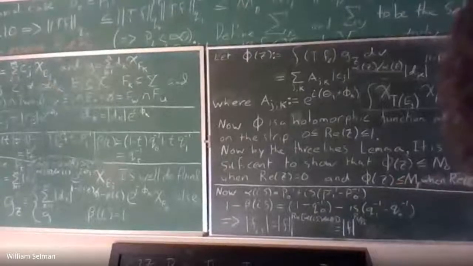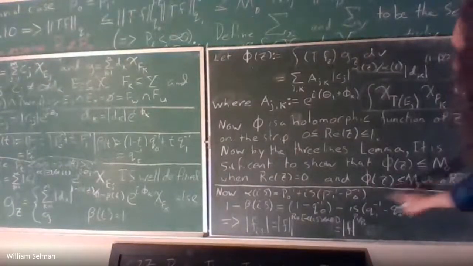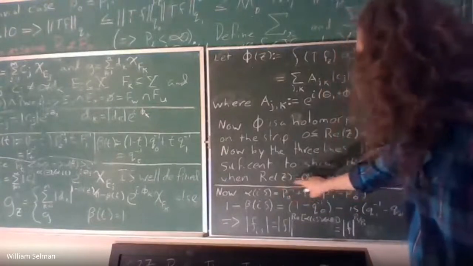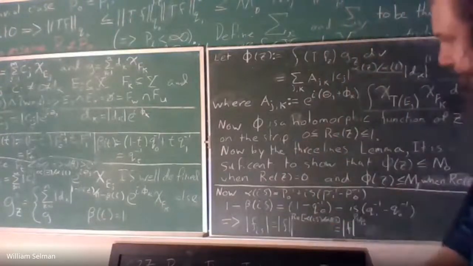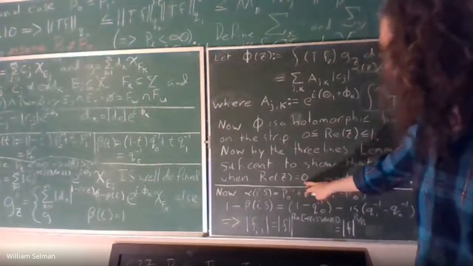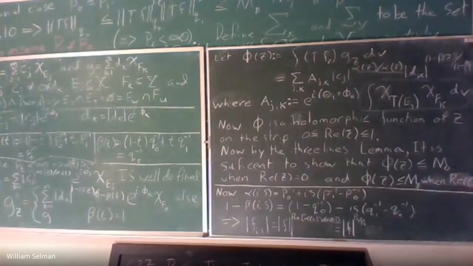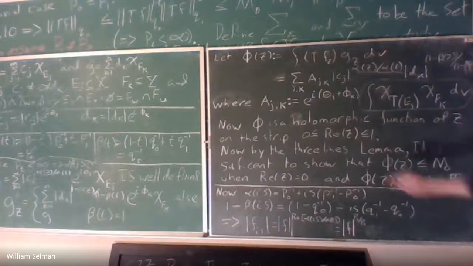So it's defined on the strip, because the function evaluated at Z when the real part of Z is 0 is bounded by M naught, and it's bounded by M1 when the real part of Z is 1.